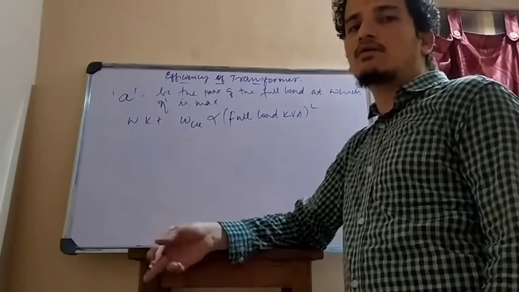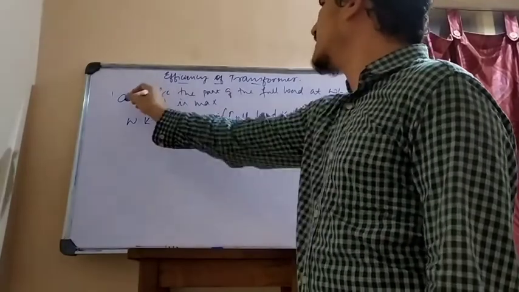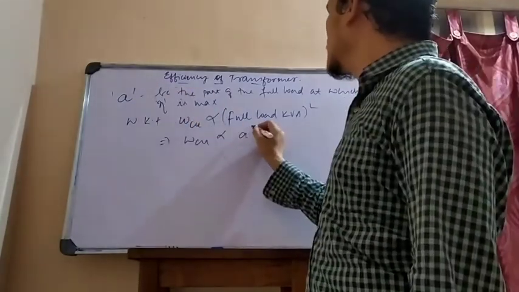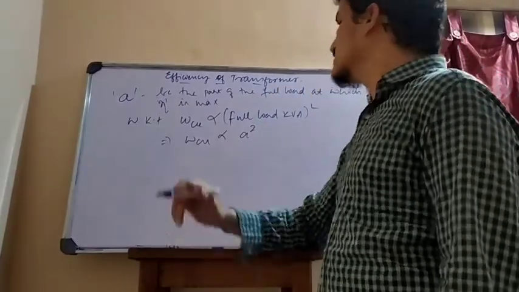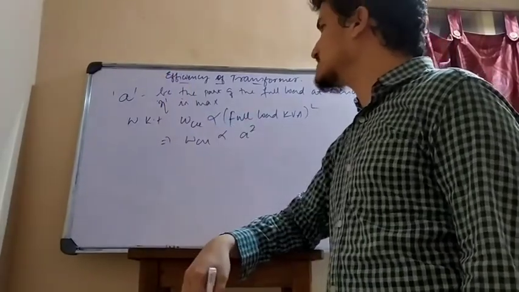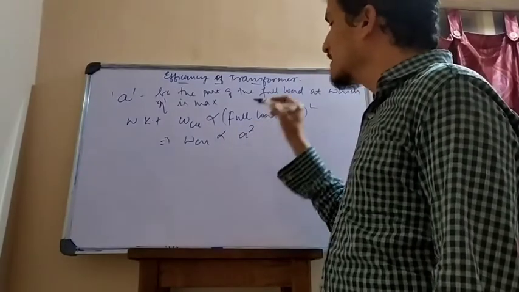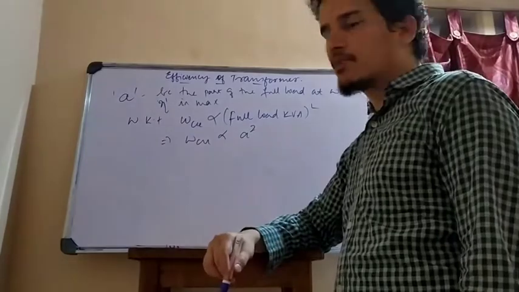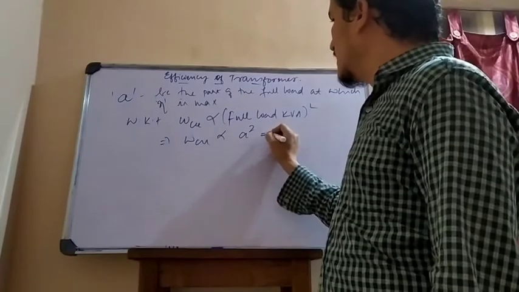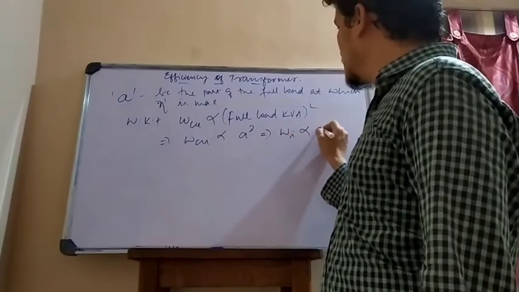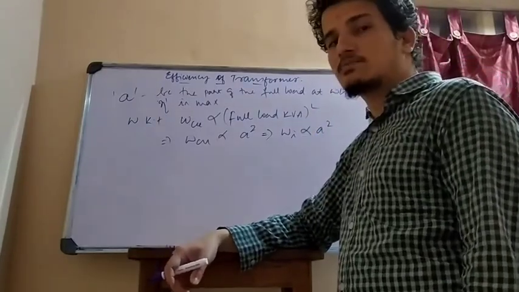Next, if I take copper loss at this particular load A, it also varies as the square of A. So what is the condition for maximum efficiency? If efficiency is to be maximum at this load A, then WCU must be equal to Wi. So Wi is directly proportional to A square, because at maximum efficiency iron loss must be equal to copper loss.